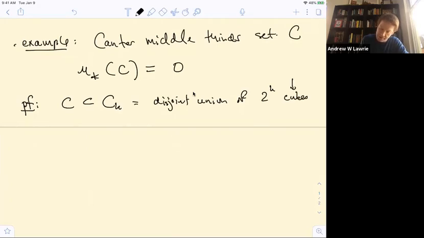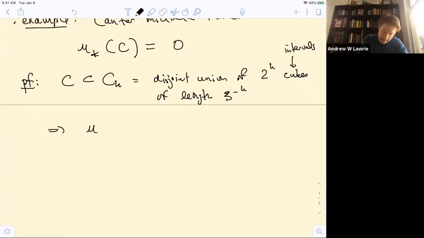In this case, these are just intervals, each of length 3 to the minus k, which means that the exterior measure of C is less than or equal to such coverings. In particular, this is built as an intersection of these sets C_k. So each one of these is a covering by finitely many closed cubes.